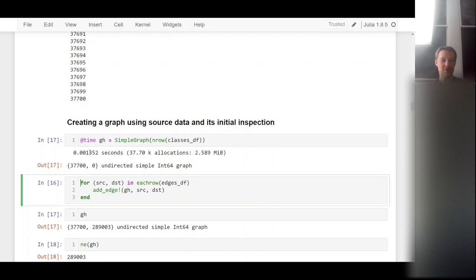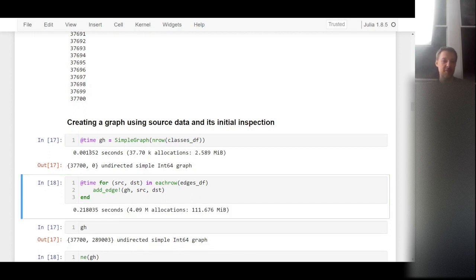And now we can also check how long it takes to add these 300,000 edges to this graph. And we can see that it's like 2/10 of a second. So it's really pretty fast, which is why it's important, because we see that this graphs library in Julia is ready to work with really large graphs.